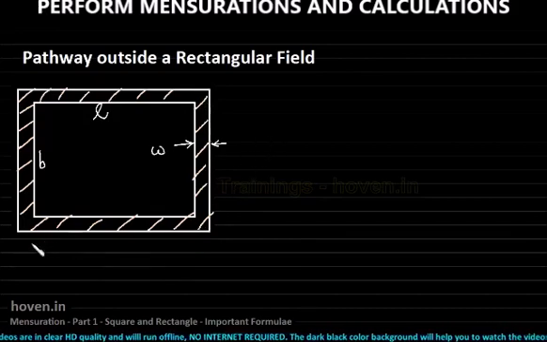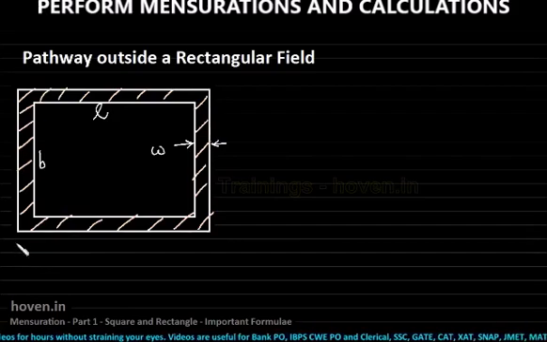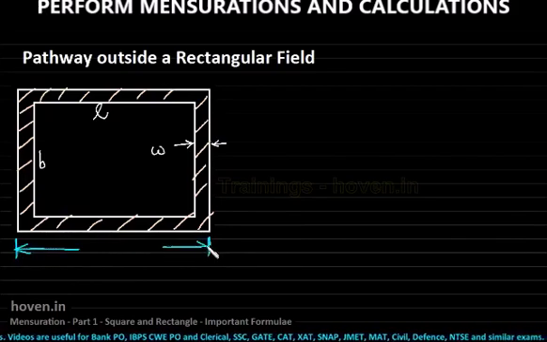To find out the area of the shaded portion, we will find out the area of the entire outer rectangle and subtract the area of the inner rectangle. Whatever will be left would be the area of the shaded portion. Now what is the length of the outer rectangle?